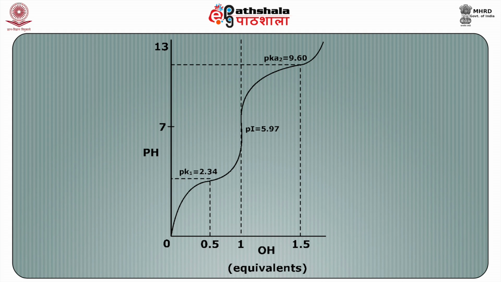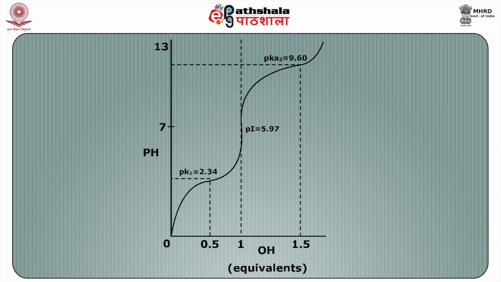It also gives the relationship between electric charge and pH of the solution. At pH 5.97, the point of inflection between the two stages in the titration curve, glycine is mainly present as a dipolar ion, fully ionized but with no electrical charge.